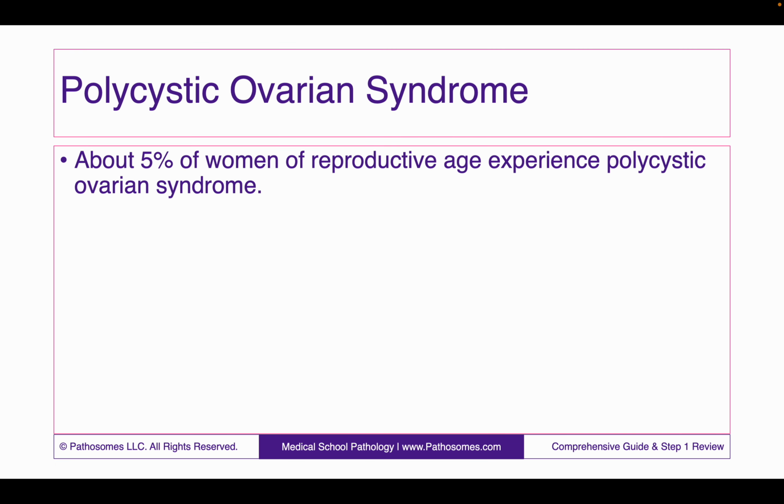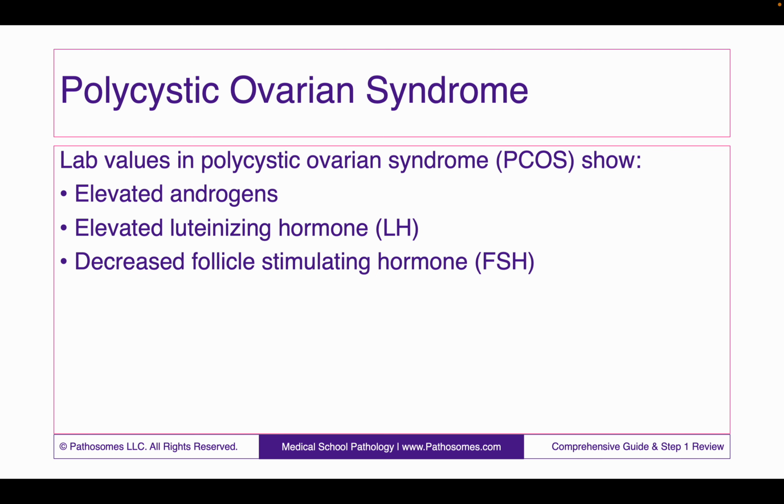About 5% of women of reproductive age experience polycystic ovarian syndrome. Lab values in polycystic ovarian syndrome will show elevated androgens, elevated luteinizing hormone, and decreased FSH.